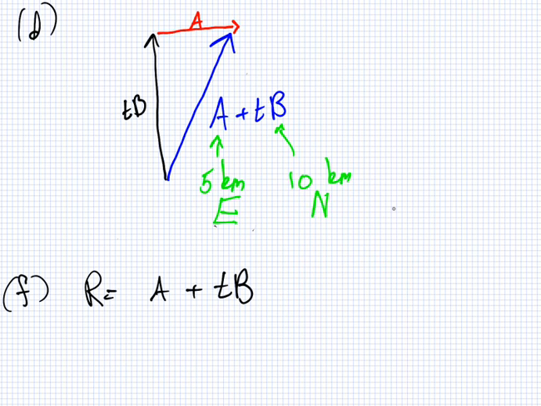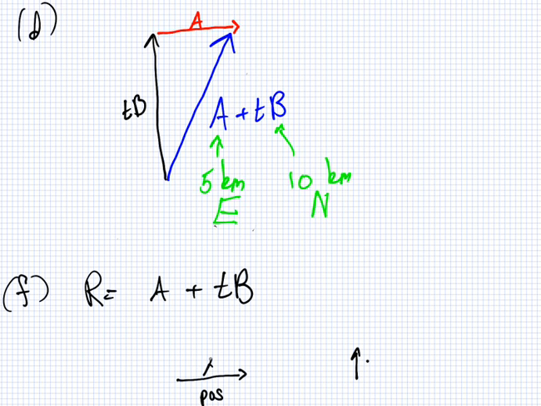Okay. So what do you think? The dimension is B squared, right? B squared. And the unit will be 10 kilometers. No, not this. Let's have a look at it. Okay.